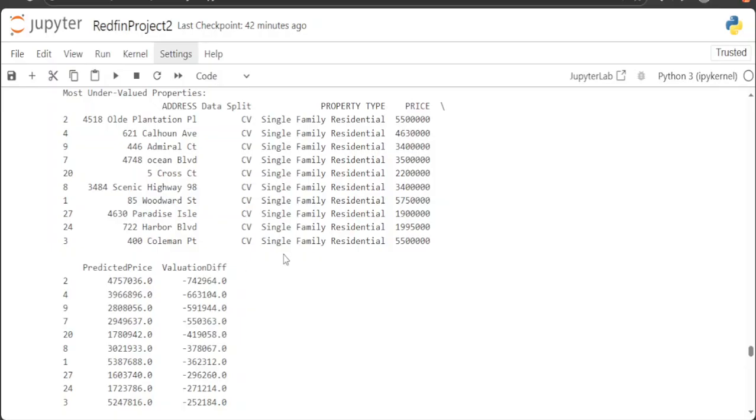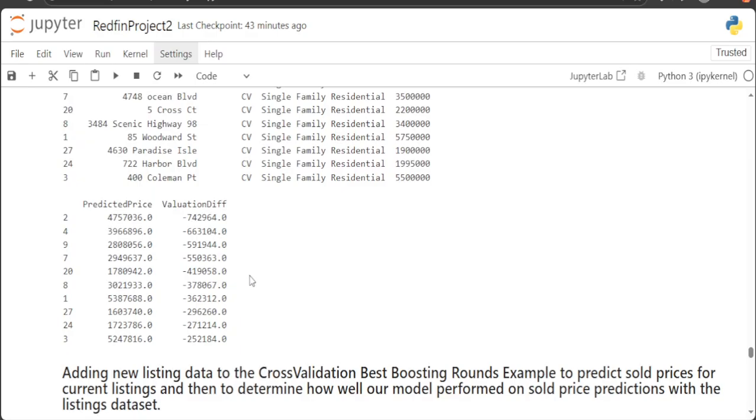So even though the valuation difference is large, it's just minus 742,000. It's really going from 5.5 million to 4.7 million, which in the grand scheme of things isn't that high of a difference. Then we get here 4.63 million, 3.96 million, a difference of minus 663,000.